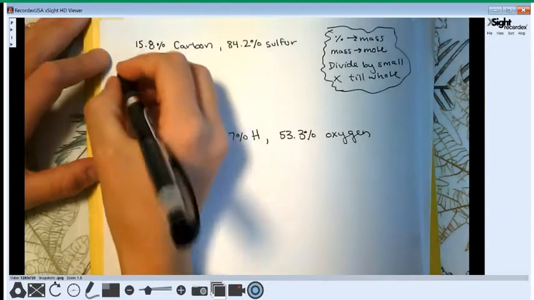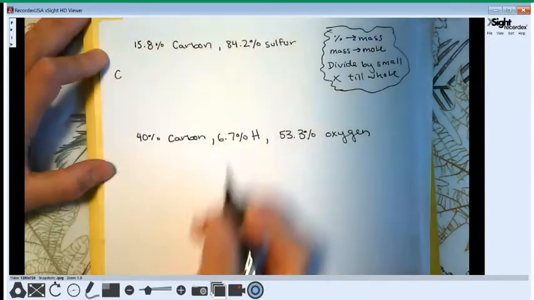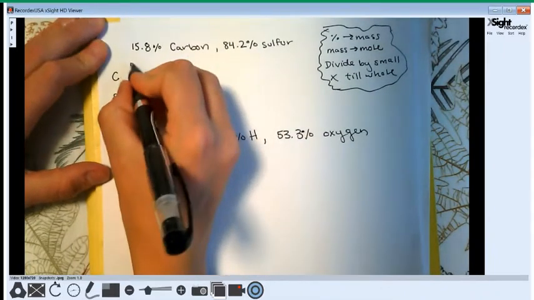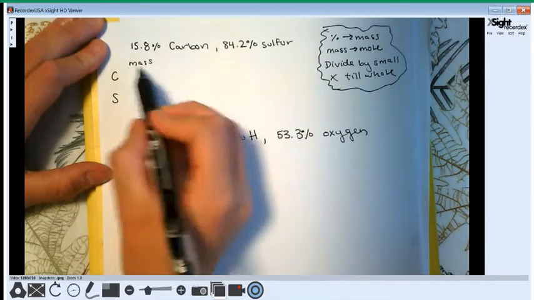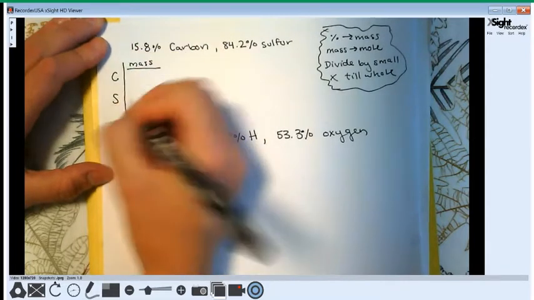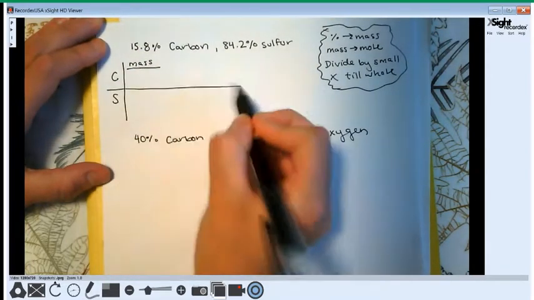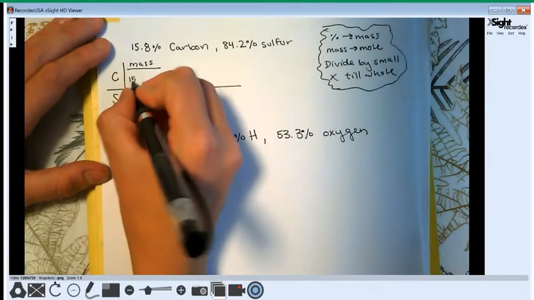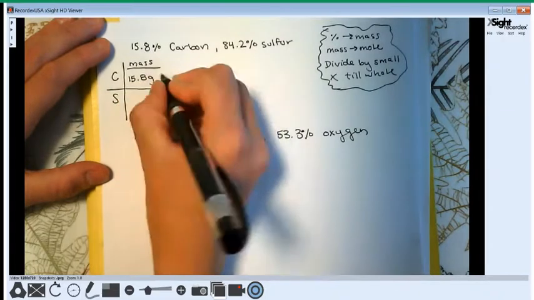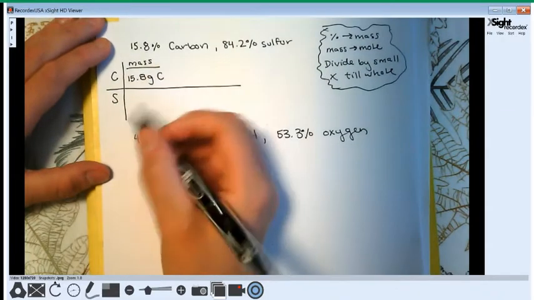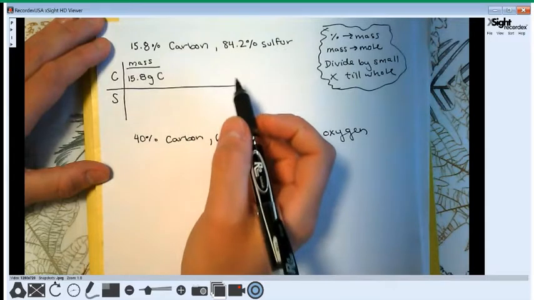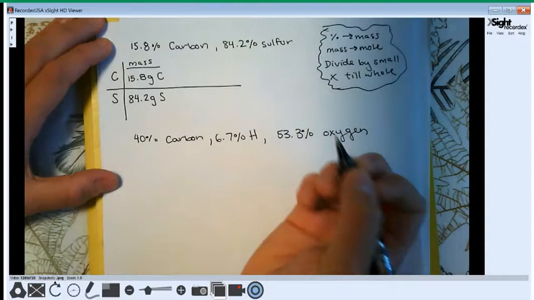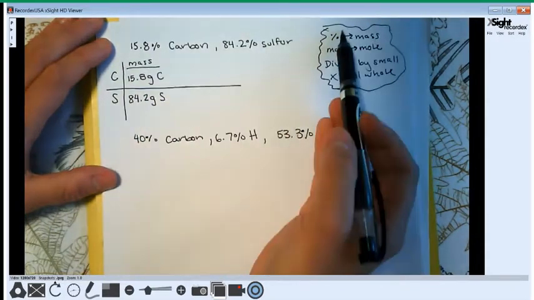So I put my two elements, carbon and sulfur. Then I convert my percentages into masses in this first column. Carbon is 15.8%, so I put 15.8 grams of carbon. Sulfur is 84.2%, so I put 84.2 grams of sulfur. There's my percent to mass step.